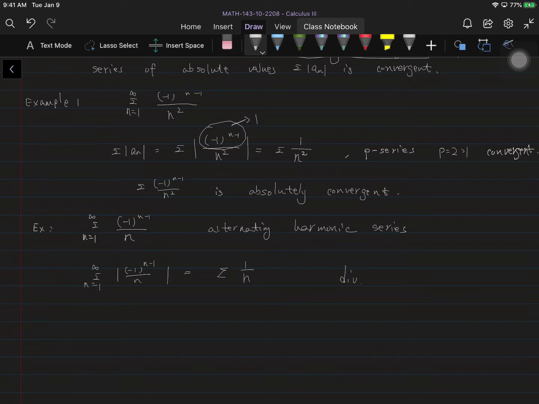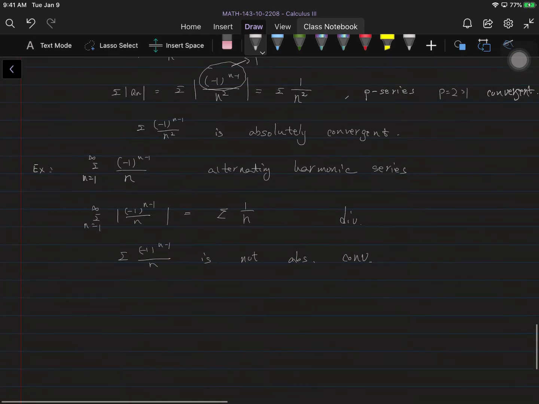So this alternating harmonic series is not absolutely convergent. Okay, so that's the exercise problem.